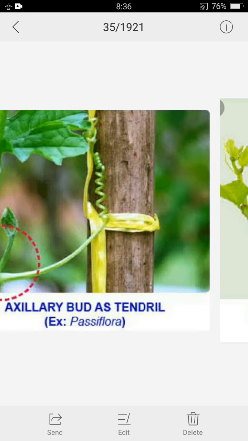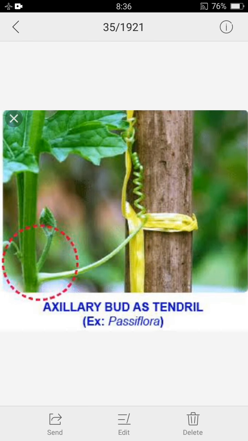Axillary buds of these stems may also get modified into woody, straight and pointed thorns. But axillary buds in some plants develop into tendrils to hold supports like woody supports or sticks or other plants.